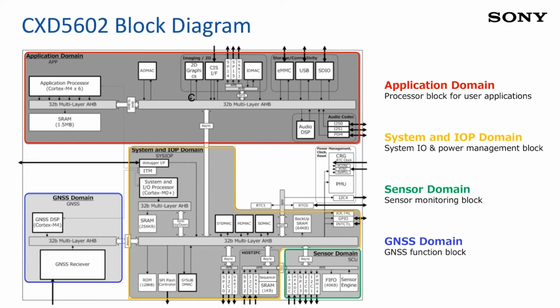Then I have a green block, which is the sensor domain. You are controlling all of the sensors that come to your board in this block. And then at the end, the GNSS domain. GNSS is Global Navigation Satellite System. So it's your GPS, your GLONASS, all the navigation systems that you have on your board.